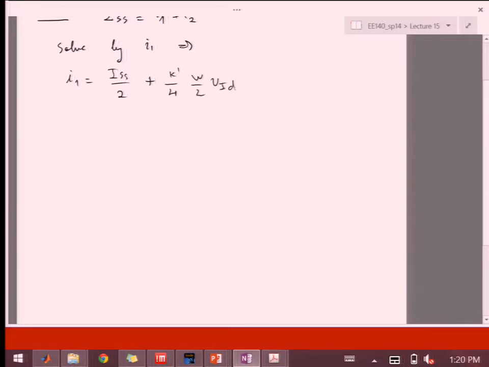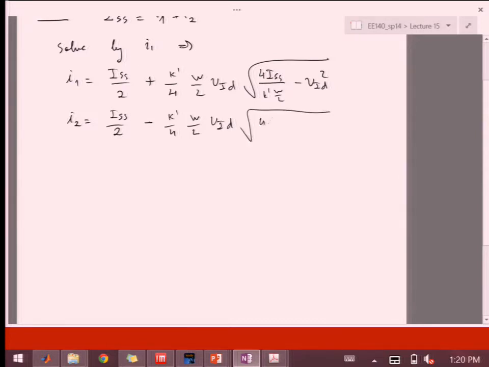And then we're going to have VID and the square root of 4 ISS over K prime W over L minus VID squared. And correspondingly, I2 will be ISS minus K prime over 4 W over L VID square root of 4 ISS.